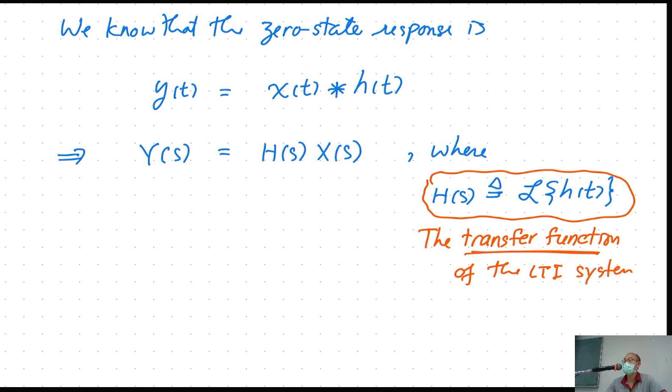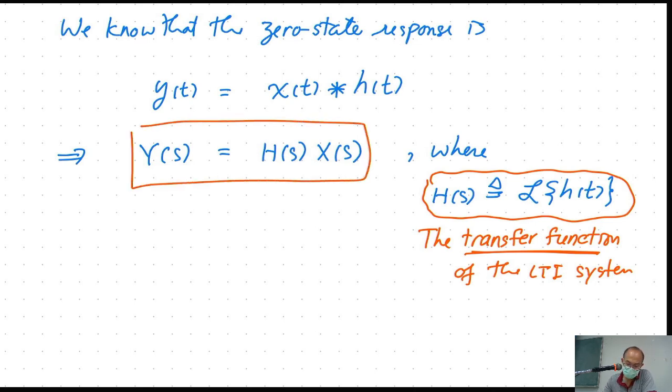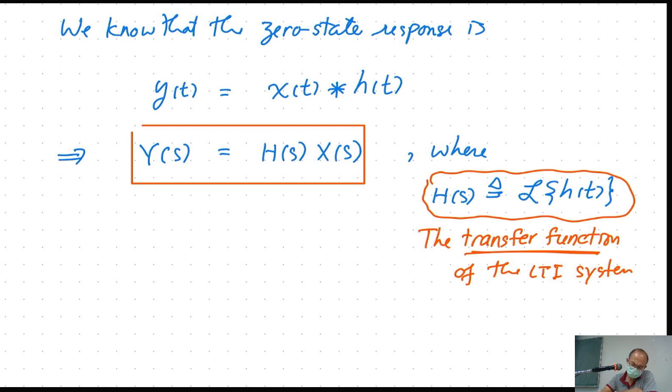This is called the transfer function. It is quite important. And this equation tells us that if we know the transfer function of the system, then we are able to find the output given any input to the system. That's what it means.